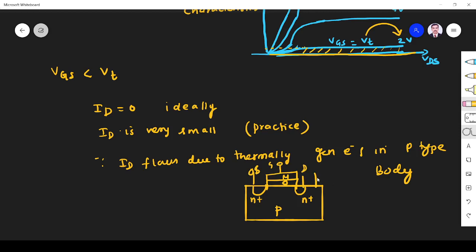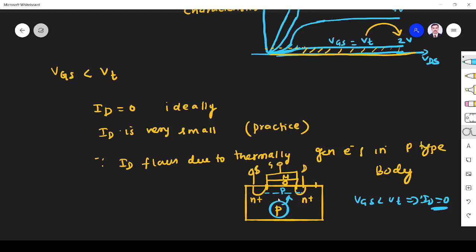So when VGS is less than VT, ID is equal to 0. Drain current will not flow because the channel is occupied by the P-type body, so electrons cannot flow through it. But some minor current will flow because in a p-type semiconductor there are minority carriers, the thermally generated electrons.